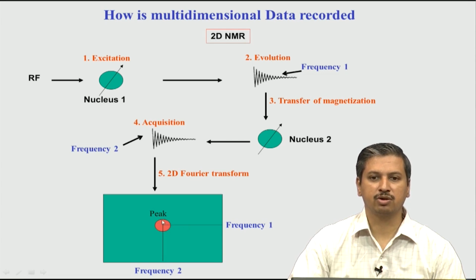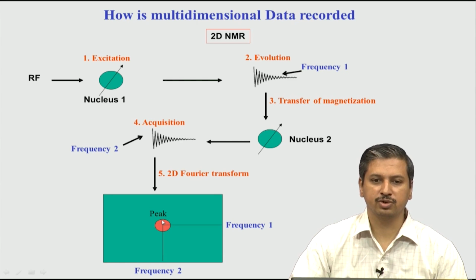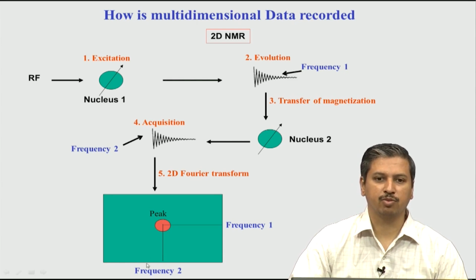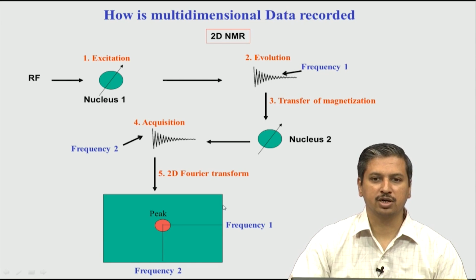This is very similar to the analogy we saw in the last class, that if I plot name on one axis and surname on another axis, I am correlating every name with the corresponding surname in a 2D. Similarly, here if I have one atom with one frequency in a molecule, and a second atom with another frequency, and these two are coupled together, in this case by J coupling, then there is a J interaction between them that results in a transfer of magnetization between the two.